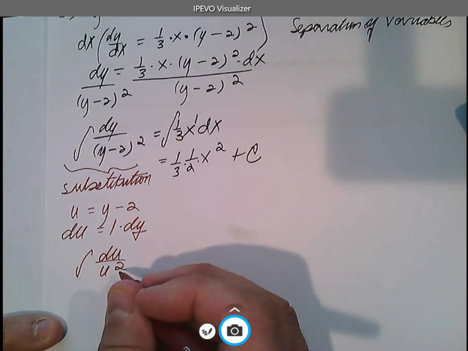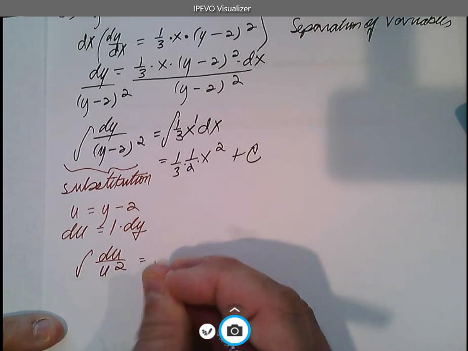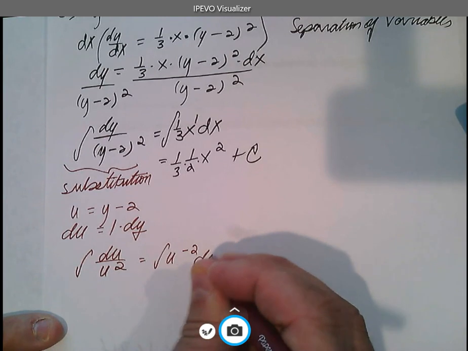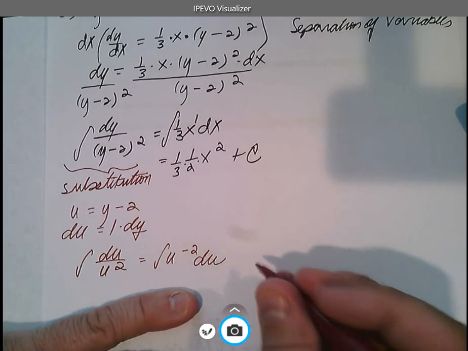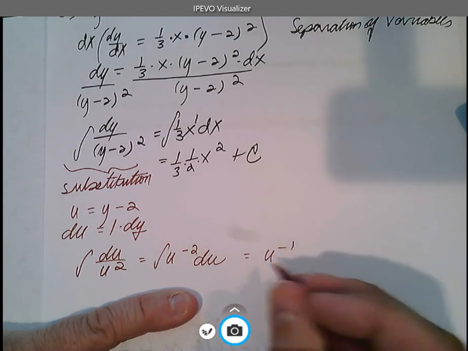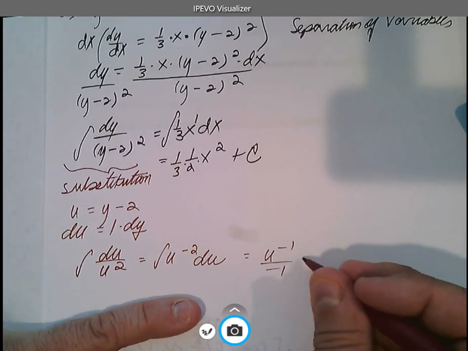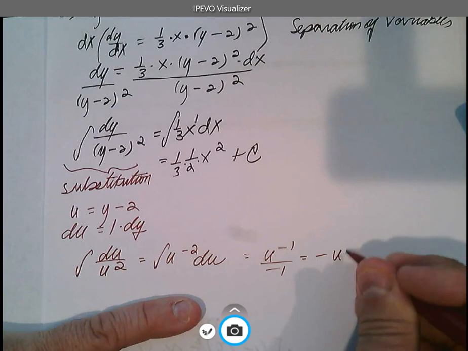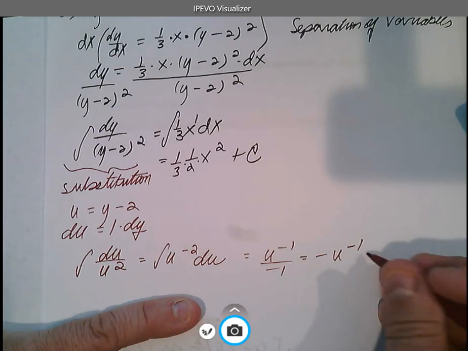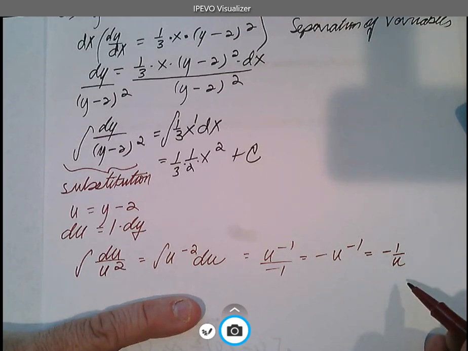Well, du over u squared, that might be something that you have memorized. It probably isn't. So I'm going to rewrite this as u to the negative 2 du. If I use my power rule for integration, I'm going to add 1 to the power and divide by the new power. Let me rewrite this. We have u to the negative 1 divided by negative 1, which is the same as negative u to the negative 1, which is the same as negative 1 over u.